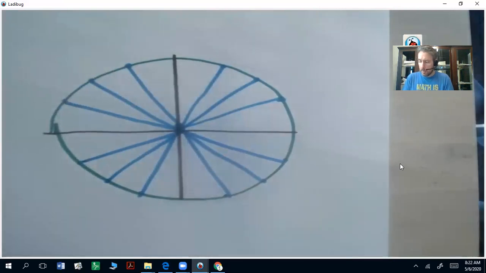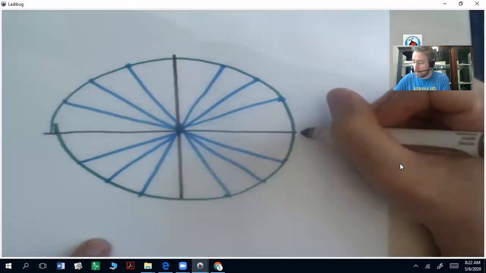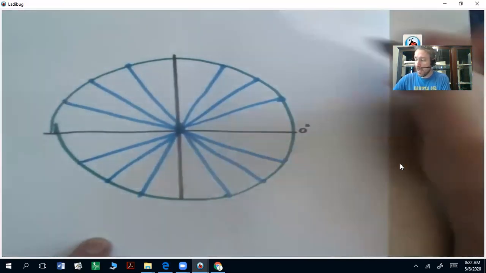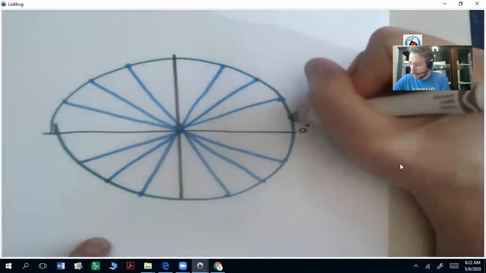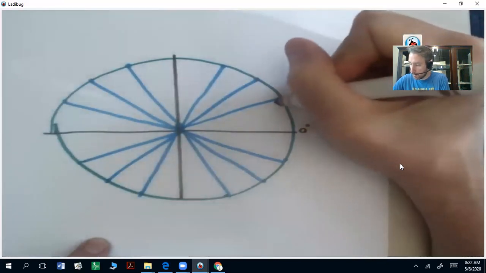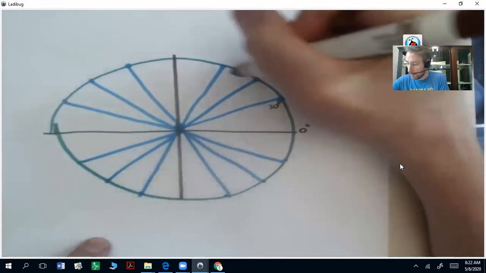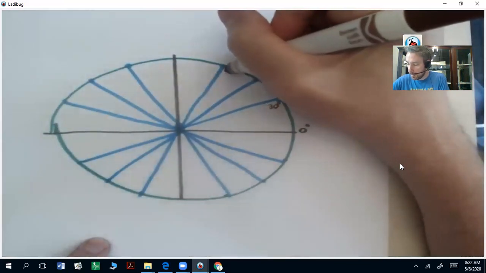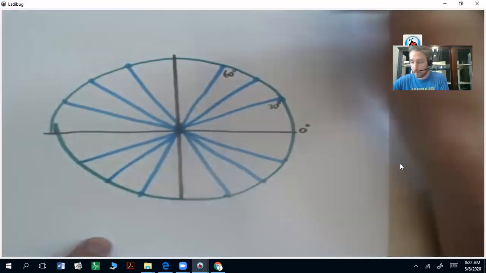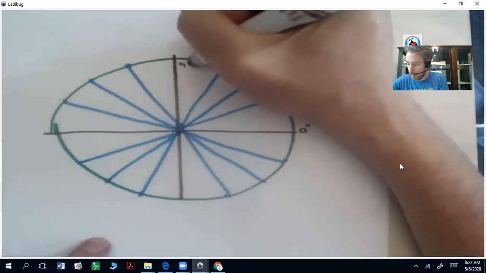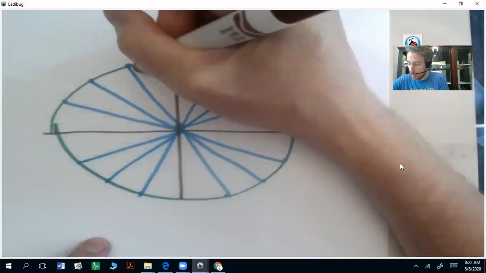So what I want to do is I want to mark the degrees first. So I always start with 0. I count up by 30 degrees. I'm going to put the degrees inside actually. So 0, 30 degrees. And then 60. I'm skipping the middle ones. Add 30, 90. 120.